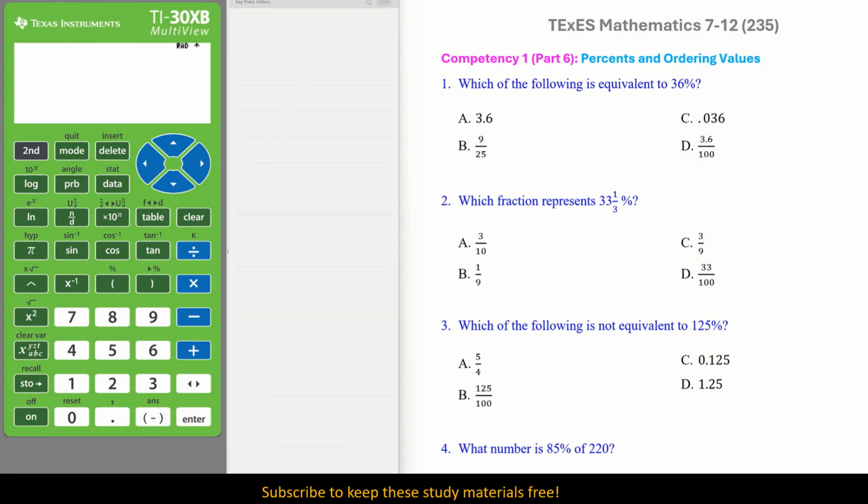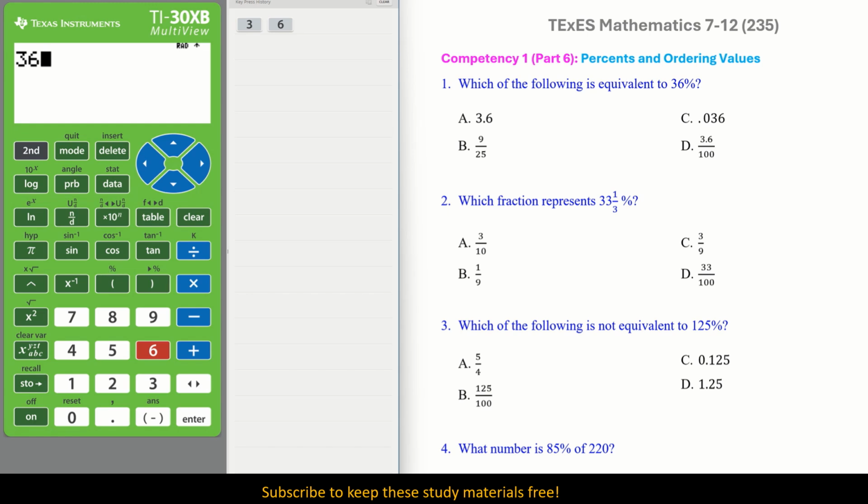Number 1, which of the following is equivalent to 36%? Now, this may seem like a very simplistic question, but what we need to do is tackle it using our calculator. We have a feature on our calculator. So push 36. Now, I need you to look at the open parentheses.